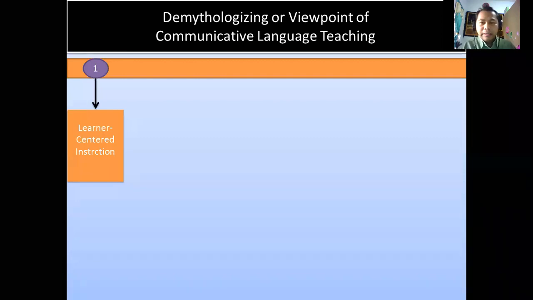So there should be communications between school and students as the subject of learning to implement the curriculum. So we cannot deliver the materials mandated by the government to students without having any communications with the students beforehand. This is if we implement learner-centered instruction.